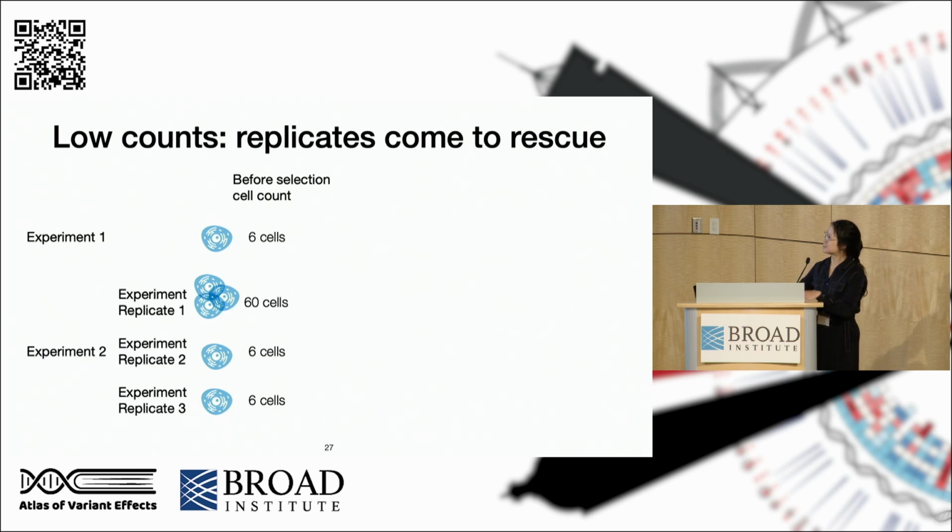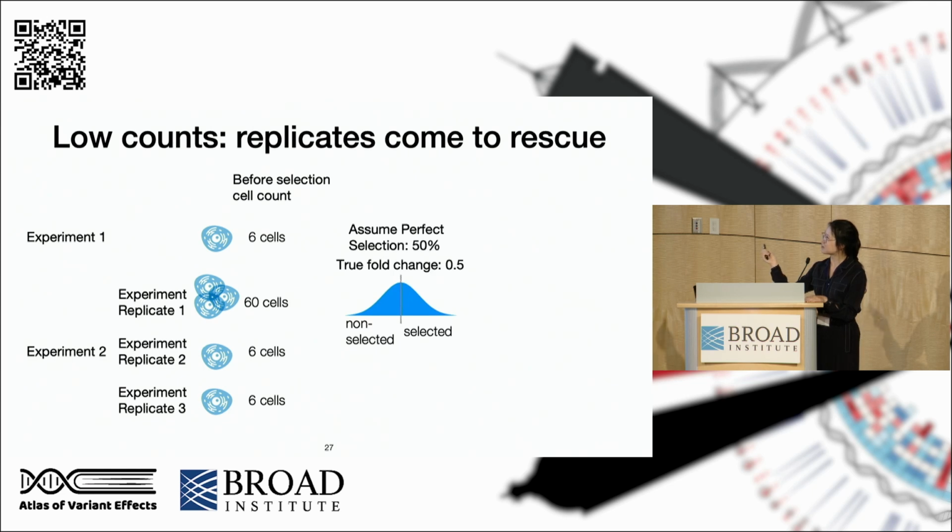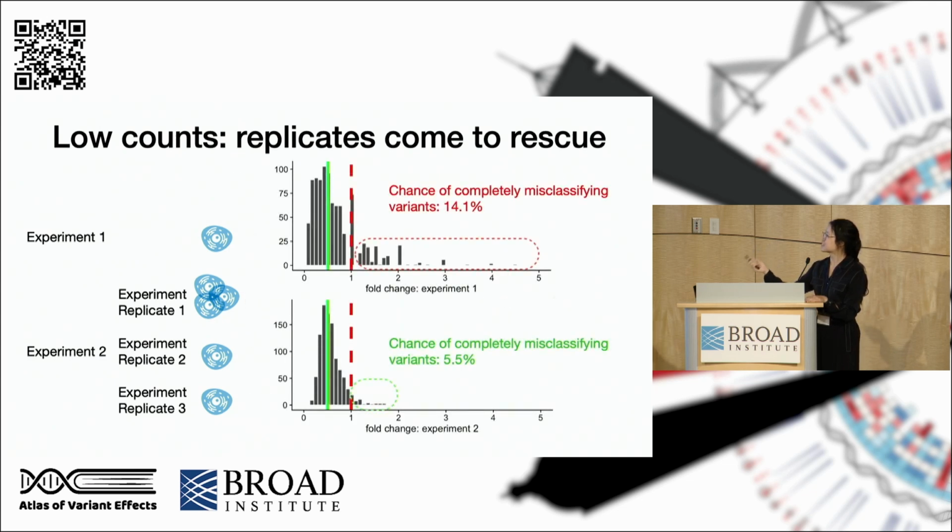Okay, and the second message, the third simulation I'm doing, is how low counts with replicates can come to the rescue. Again, we have this really difficult blue variant that just has 6 cells before the selection. I'm trying to show that if you only have one replicate that happens to have good coverage on this blue variant before the selection, still assuming perfect selection at 50%, and after selection cell count, your chance of misclassifying this variant drops from 15% to 5%, which I think is pretty significant.